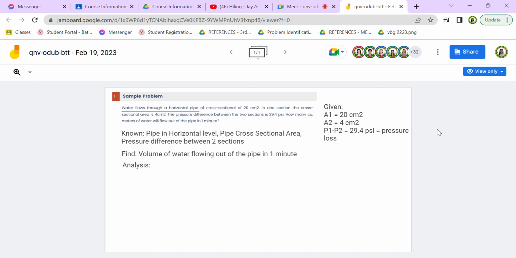And the cross-sectional area ng pipe is given din at both sections, A sub 1 and A sub 2. So, area 1 and area 2. Assume na lang natin hindi siya parehas.